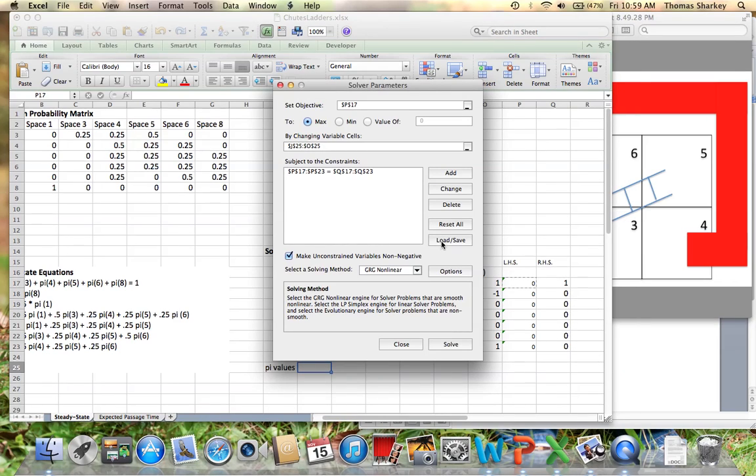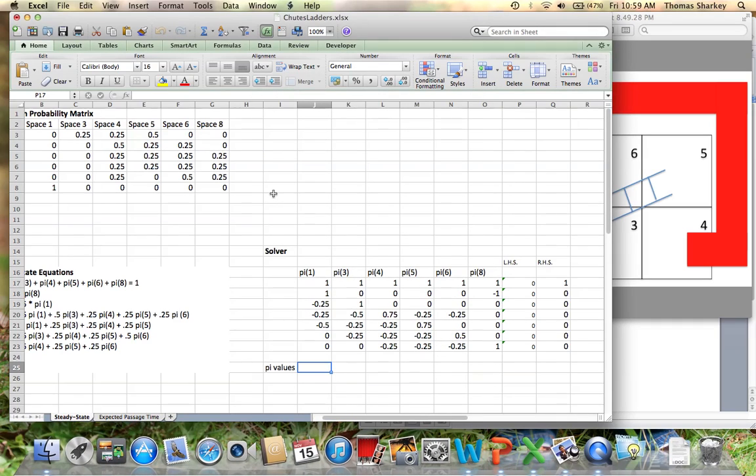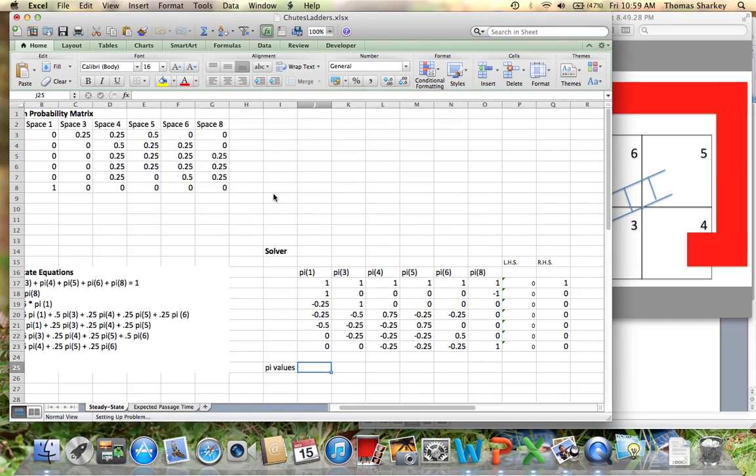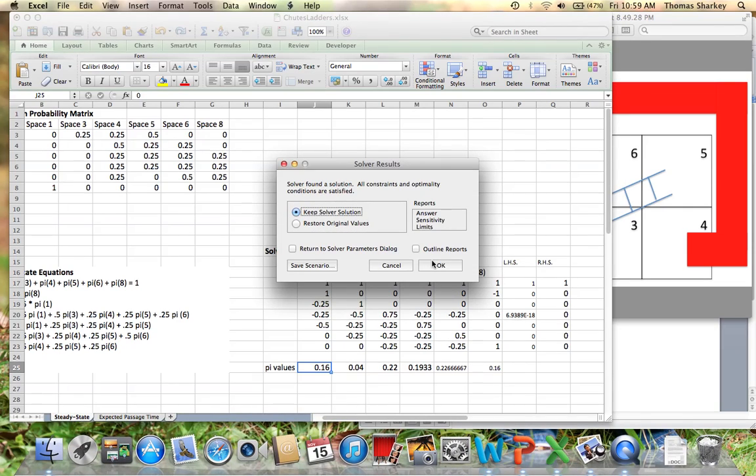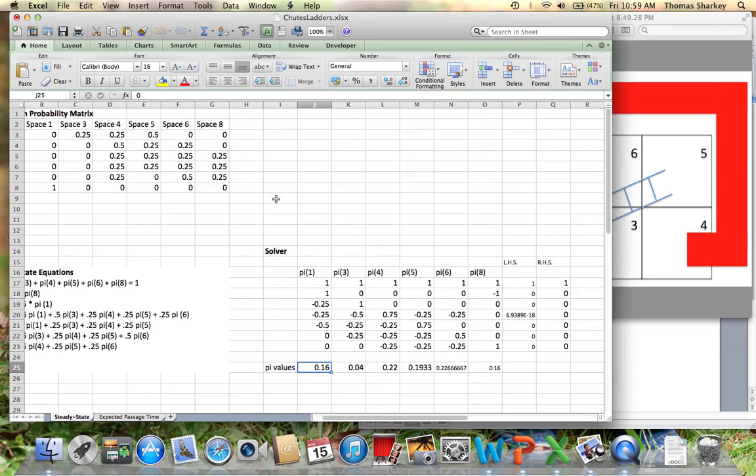So we're going to add them, and make sure that we're using simplex. So what we're looking at here, we get the pi values.